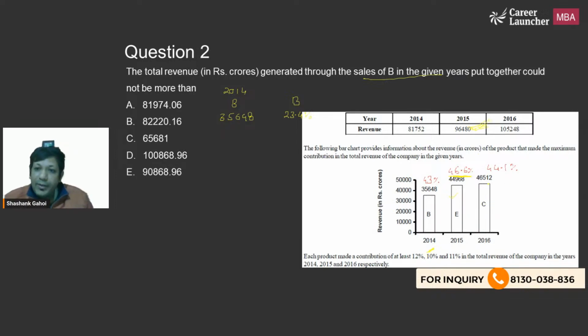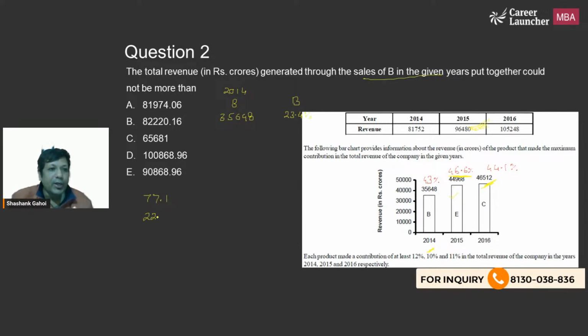Okay. Now, if I'm talking about 2016, what is happening? C is 44.1. Then the minimum of A is 11%, minimum of D is 11%, minimum of E is also 11%. So 33% means 77.1. So what is remaining?